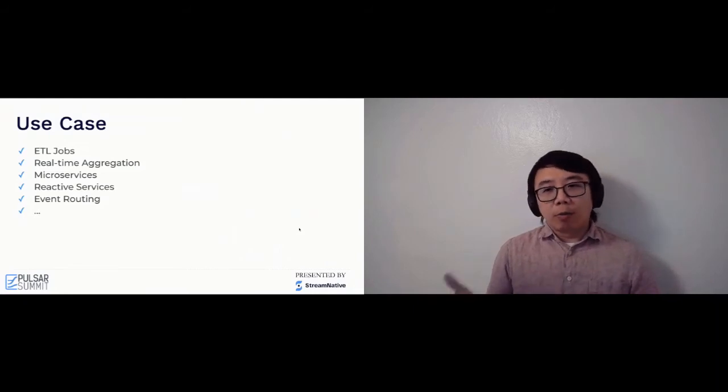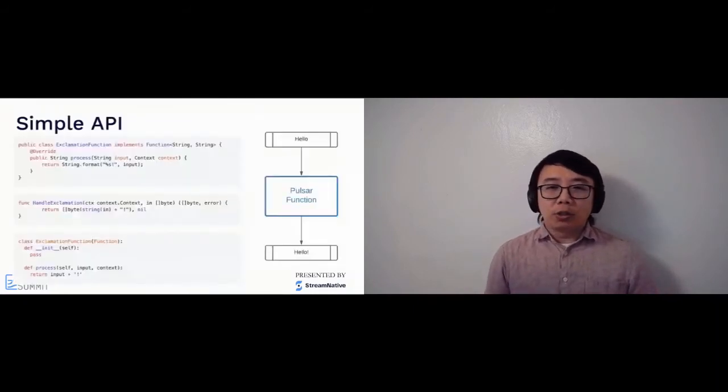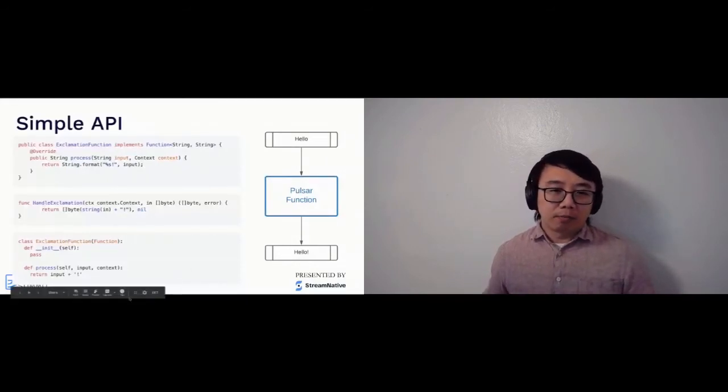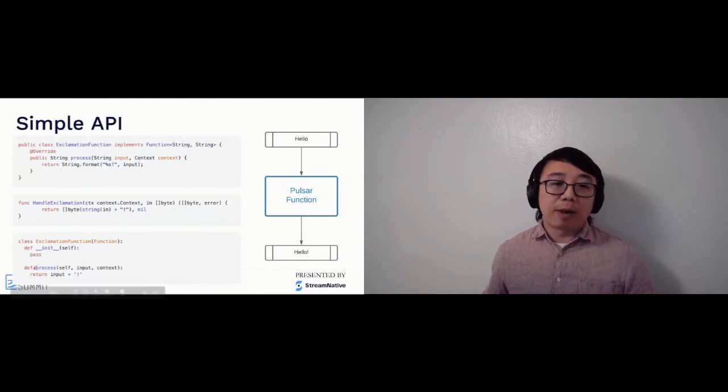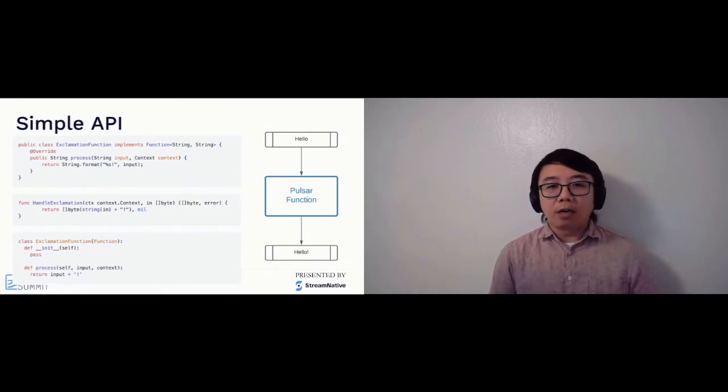This diagram on the right shows a simple business example, and the code examples on the left show how to write this business logic using different languages. If you take a closer look, this is the Java function, this is the Go function, and this is the Python function. As you can see, it's entirely language native. There's not much difference from writing normal applications.